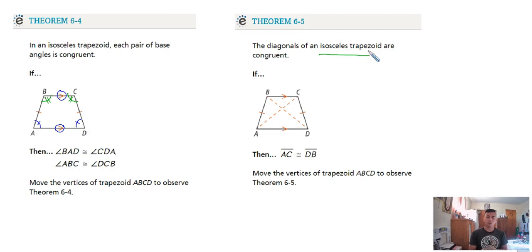So in here, if we have this trapezoid, then AC is congruent to BD.